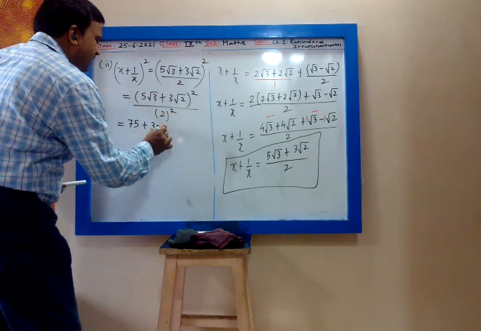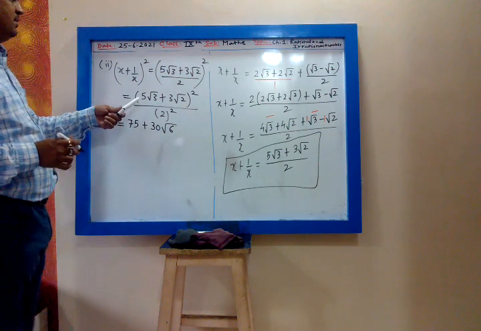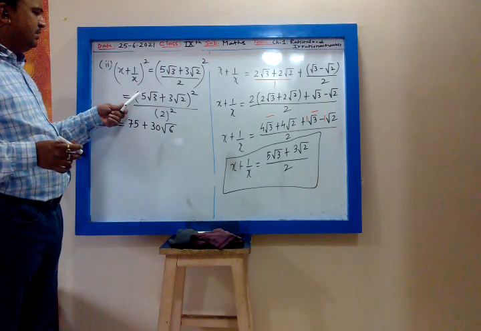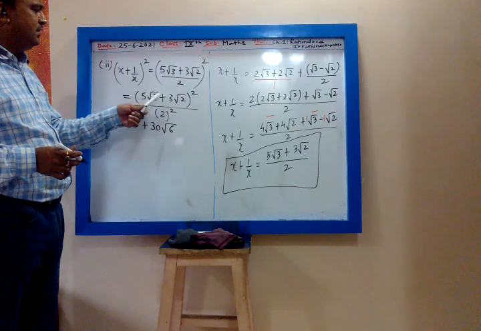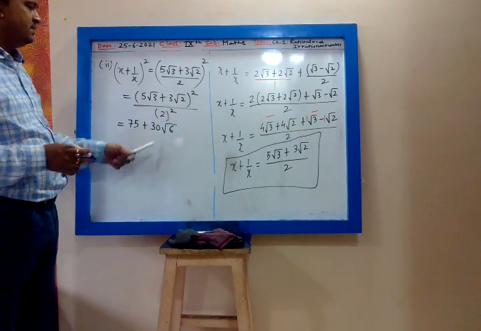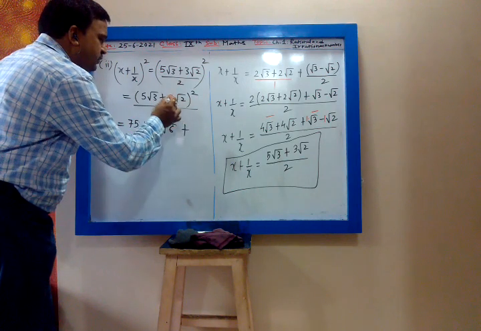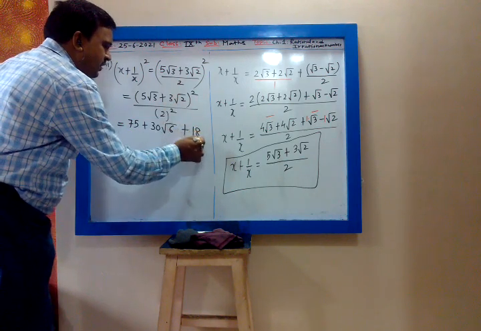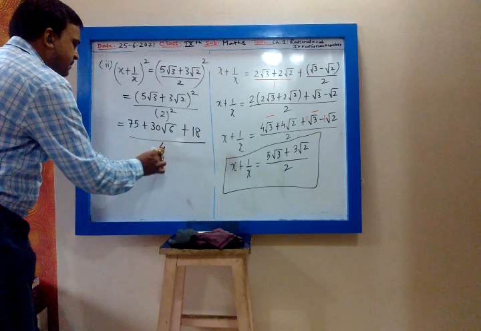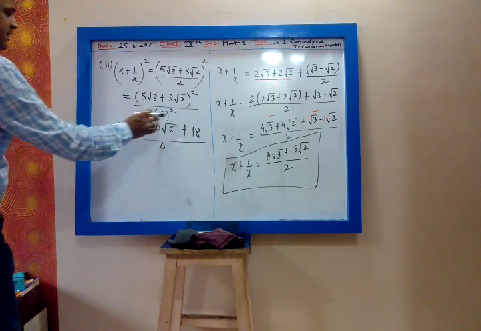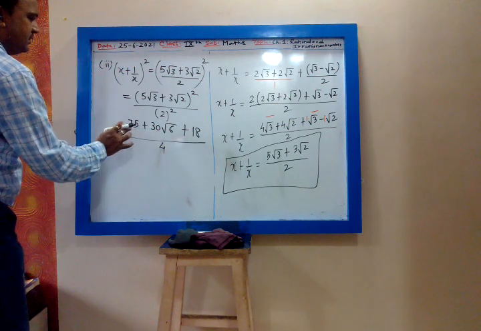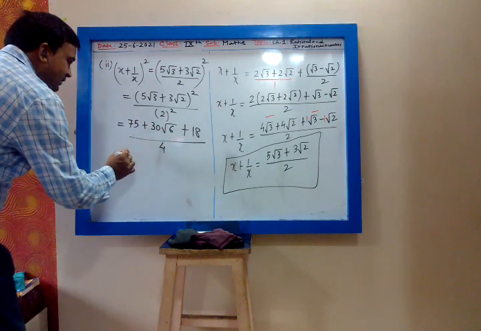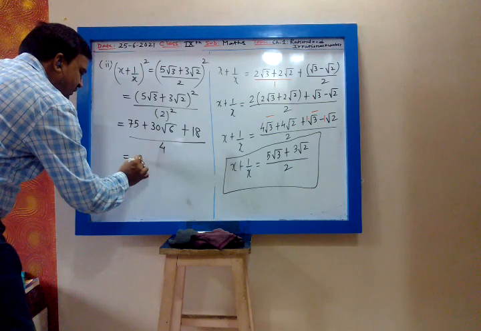Are you getting how we have got 30 root 6? 2ab. 2 into 5 is 10, 10 into 3 is 30, root 3 into root 2 will be root 6. Plus 3 root 2 square, 9 2s are 18, upon 2 square is 4. So 75 plus 18. You cannot add 30 root 6 to these because there is root 6. 75 plus 18 is 93.